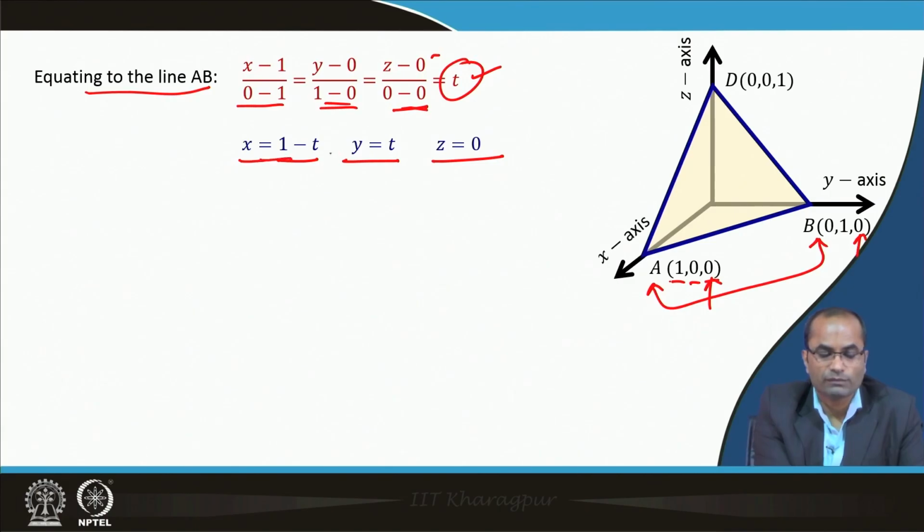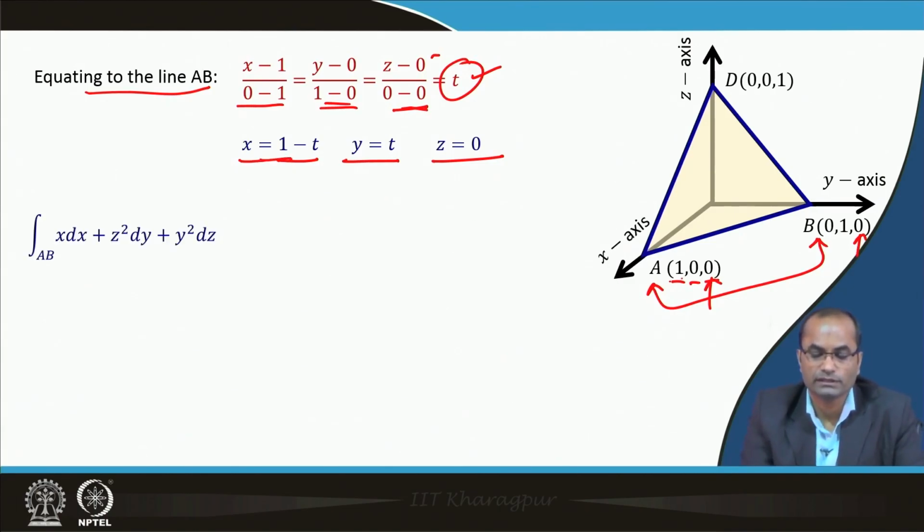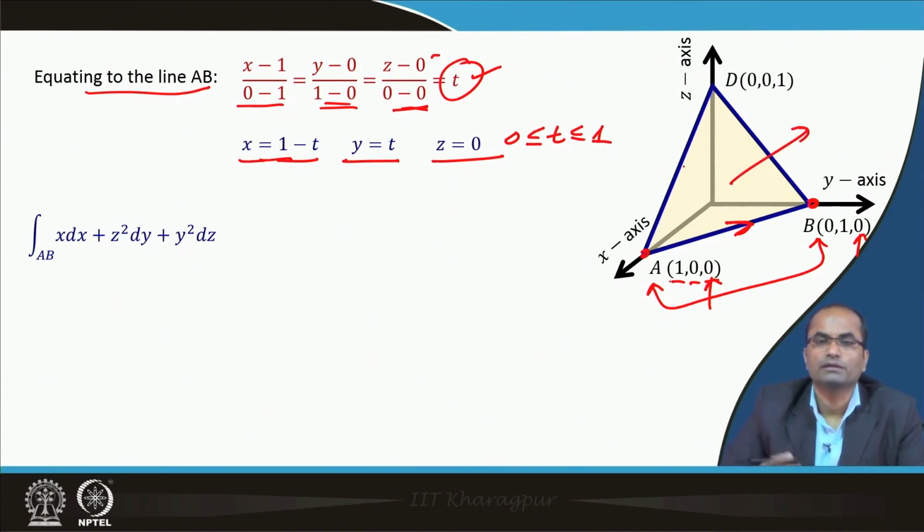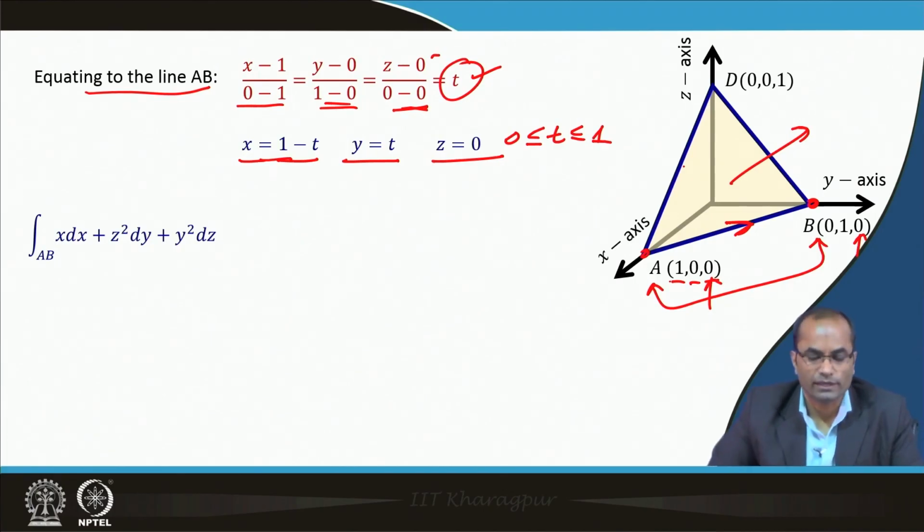When t is 0, we are at this point A, (1, 0, 0), and when t is 1, we are at point B. So, t goes from 0 to 1, and we are going in this direction. We will take the anti-clockwise direction, and then we have to take the outer normal on this surface to have the equality of the conclusion.